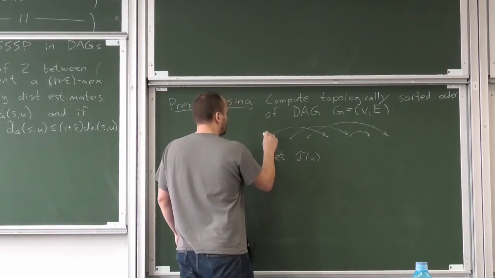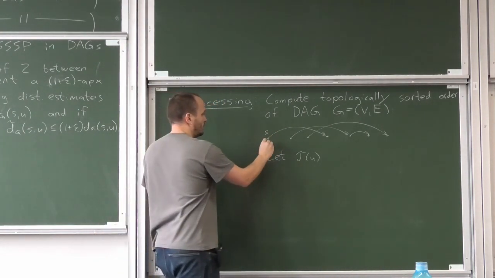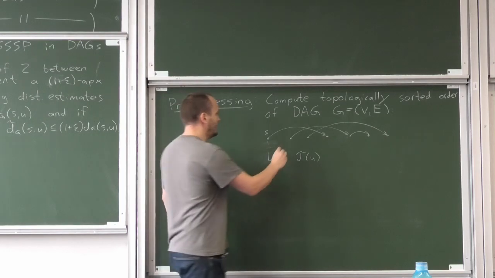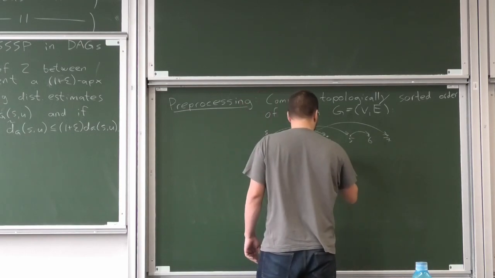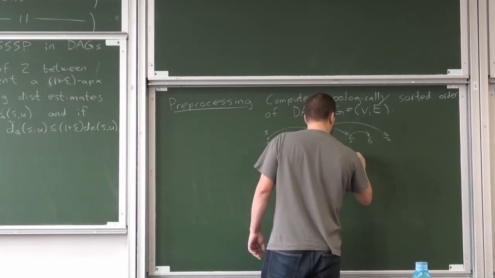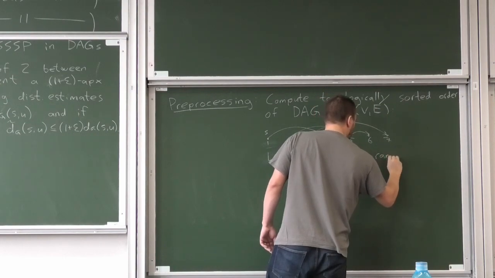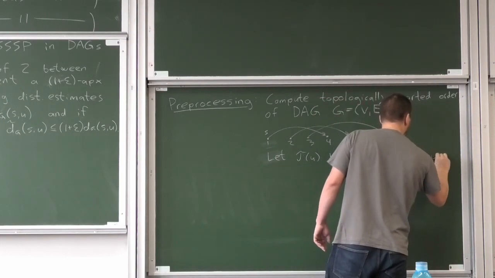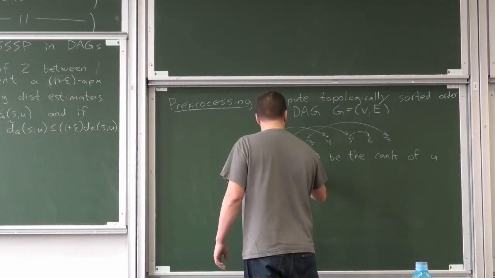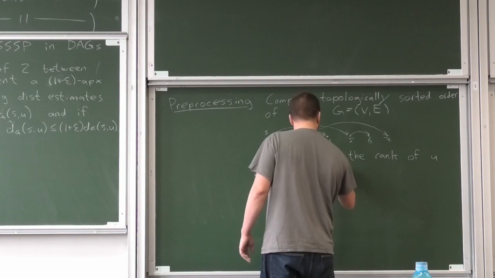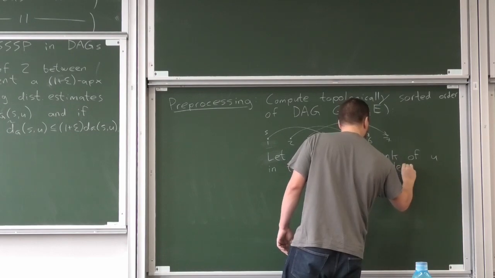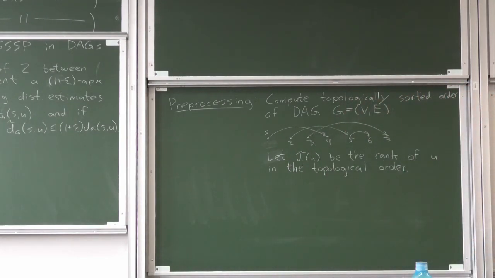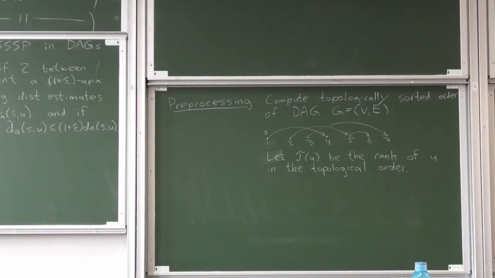So let's say that this vertex has number 1, tau of S is equal to 1, and this has 2, 3, 4, and so on. So tau of S will be 1, and so on. So that was the pre-processing.